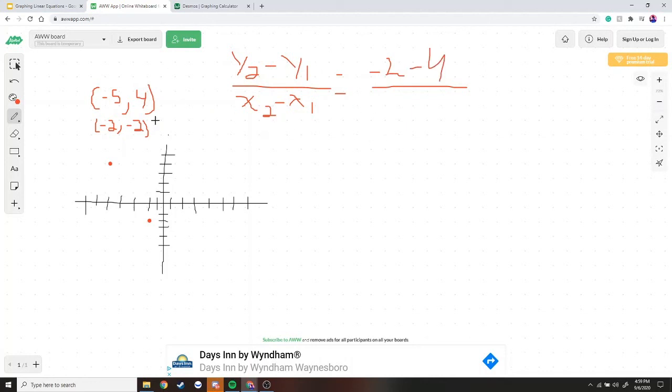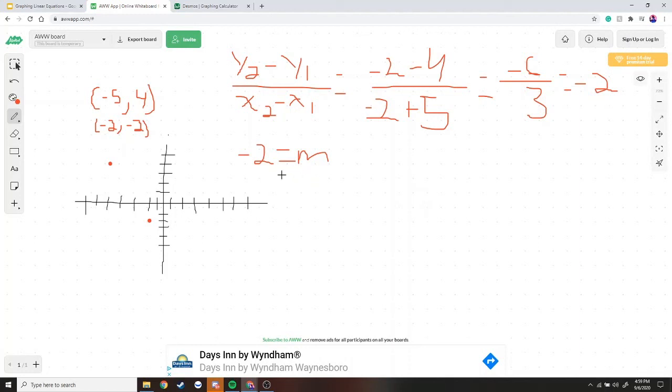Same thing with the bottom. Our x2, let's put it as -2. And then we're subtracting -5, meaning that we're adding 5. That leaves us with -6 over 3, or in other words, -2. This means that -2 is equal to our slope, or our m.